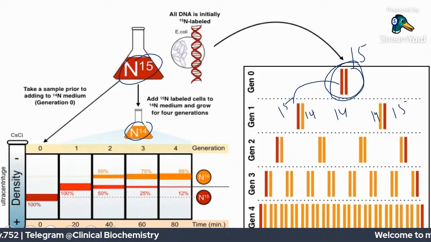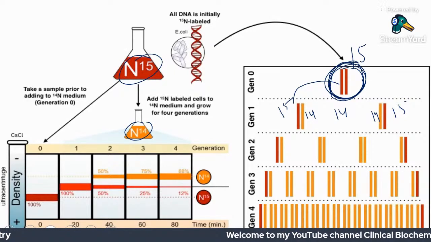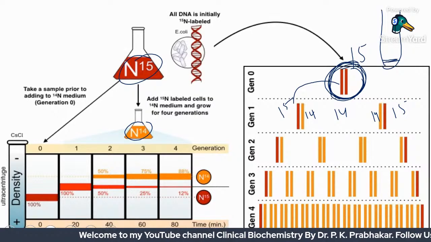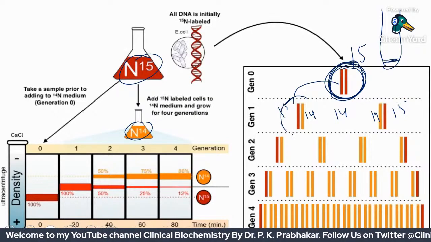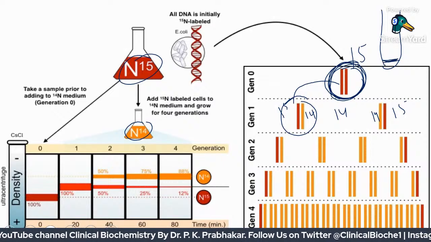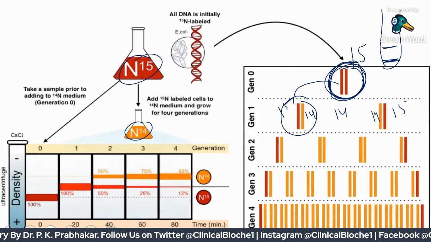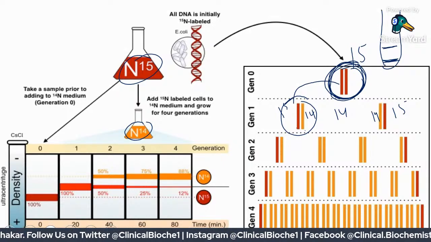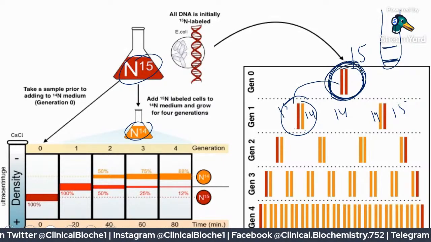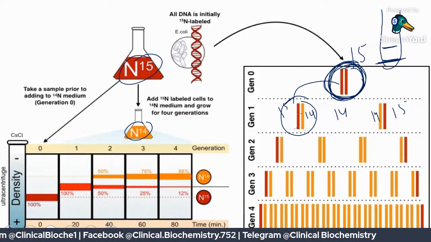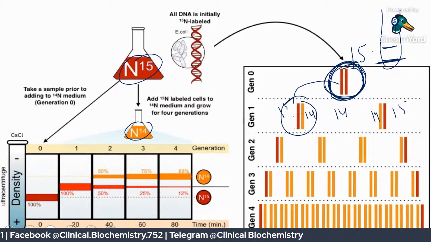So if you centrifuge this DNA, the first one will be near the base in the centrifugation tube, and if you centrifuge this DNA, it will not be here, it will be in the center, slightly upper side, because some lighter DNA is there and some heavier DNA is there. In this case both strands contain 15 only, so they will be here. In this case 50% lighter, 50% heavier, so it will be in the center.